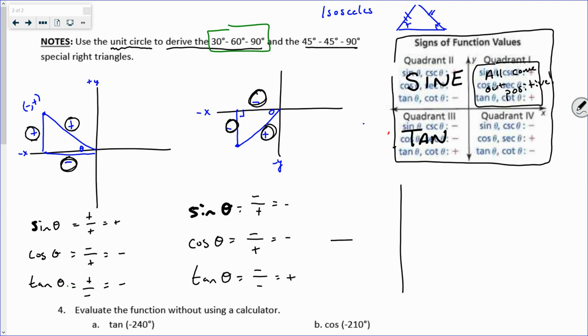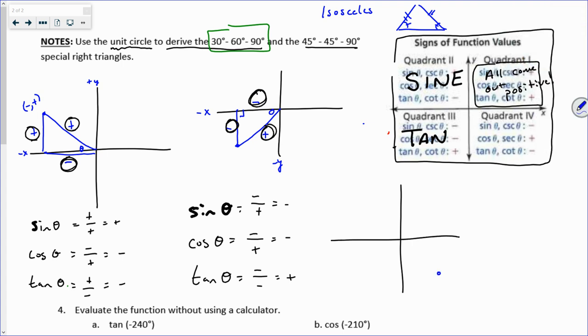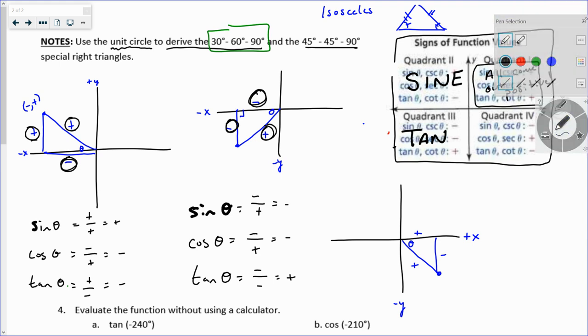Fourth and final, if we go over here, we are now in the positive x-axis, still in the negative y. We're drawing a reference angle. We are now at a positive and a negative, and the hypotenuse will come out positive. You can verify using trig.